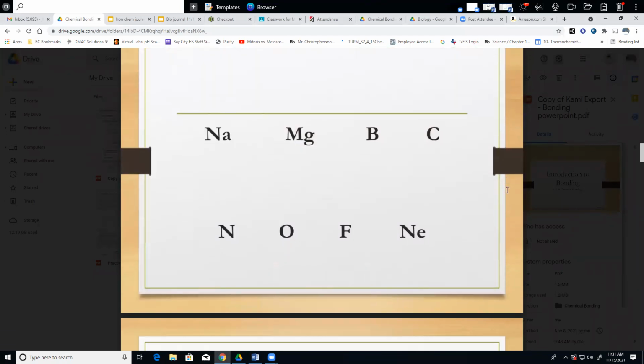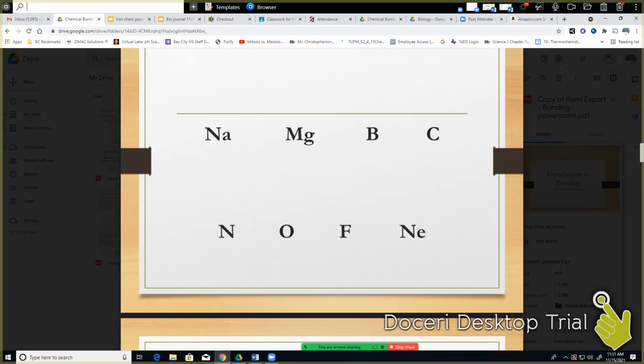All right, so these are elements, one from each of our representative groups. So this is group 1, and then we get down here to group 18. So remember the elements in group 1 and 2, that's how many valence electrons they have. And then as we get to 13 through 18, you have to subtract 10.